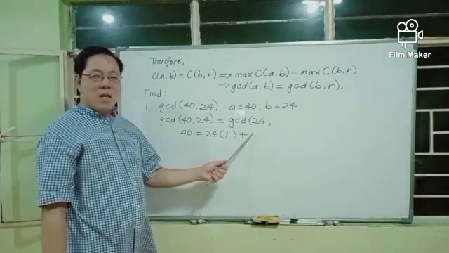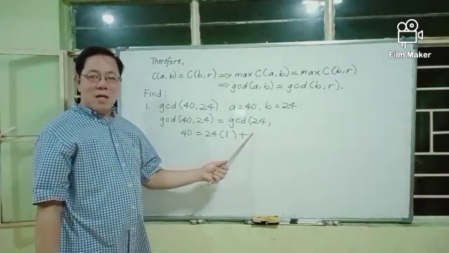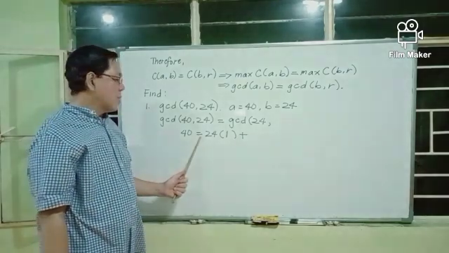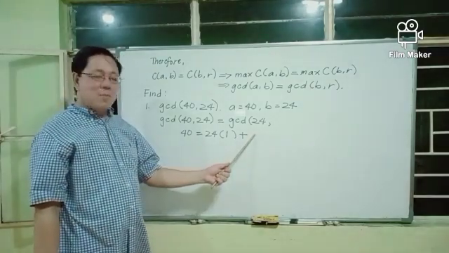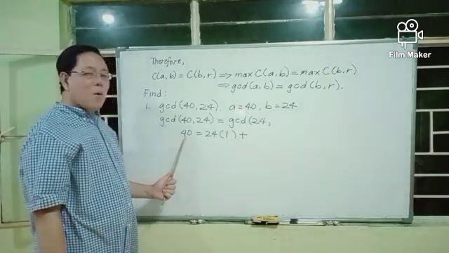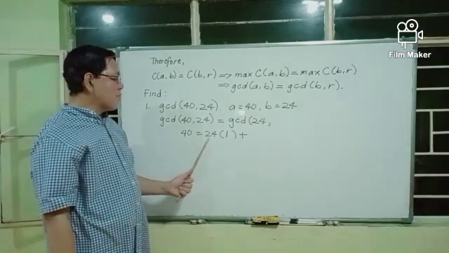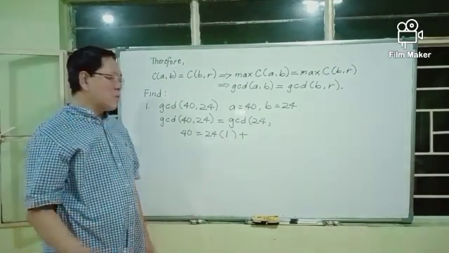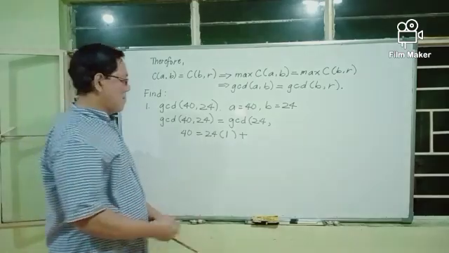Now we should add an integer here, and that would be our remainder, so that the equality remains true. And the remainder here is obtained by subtracting 24 multiplied by 1 from 40, or 40 minus 24 times 1, or 40 minus 24, which is equal to 16.